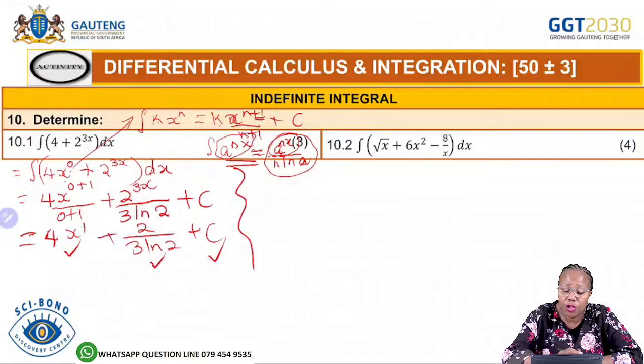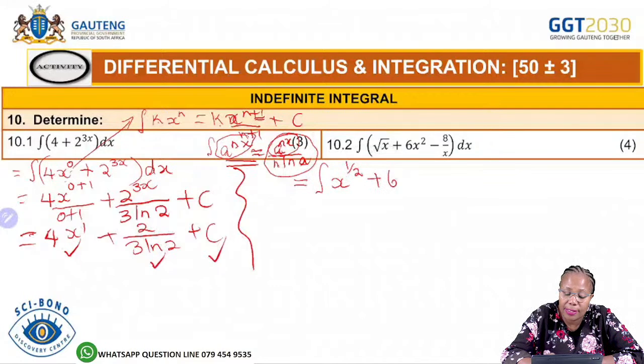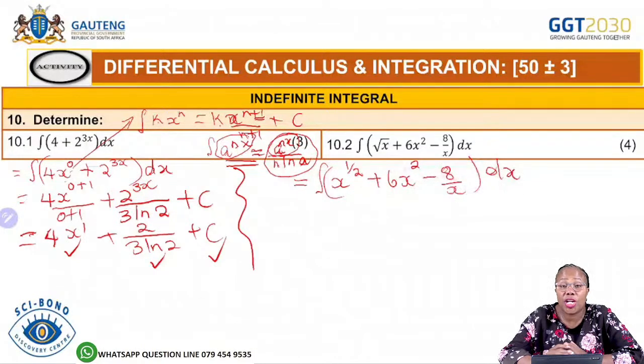Okay, 10.2, the integral. The first thing that you do, same as in calculus, is write this as 3x to the power half plus 6x to the power 2 minus 8 over x. And then from there you go to your formula sheet and check the relationship.